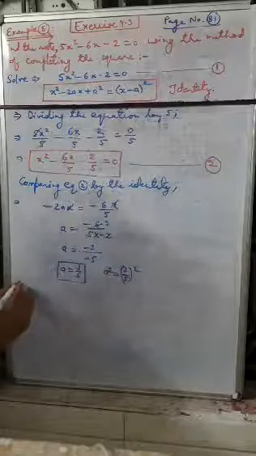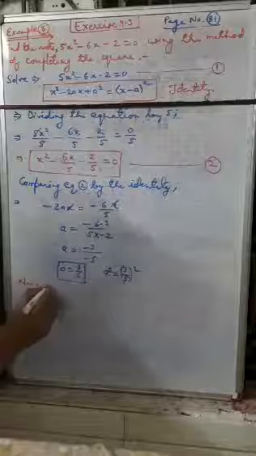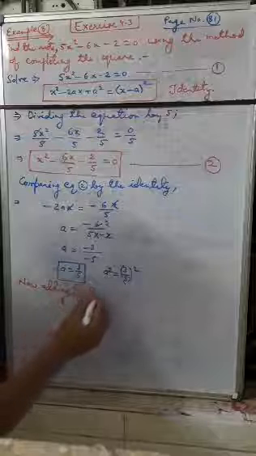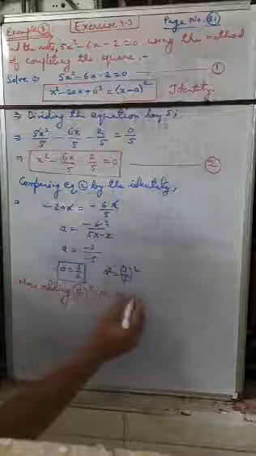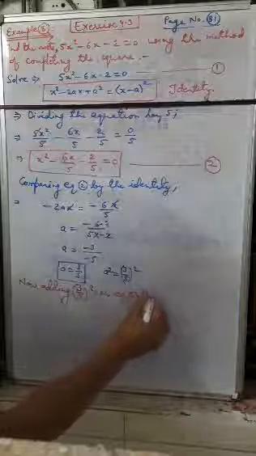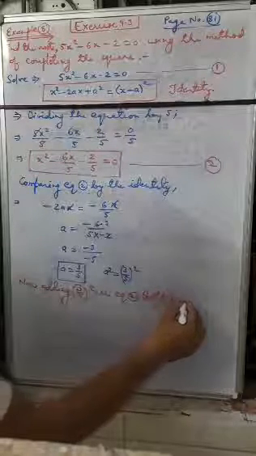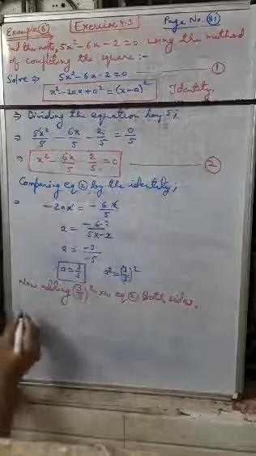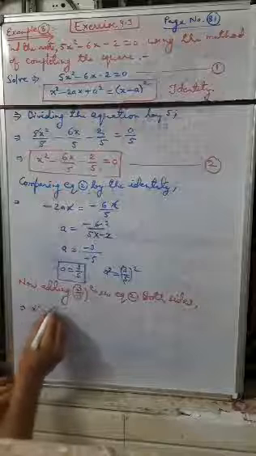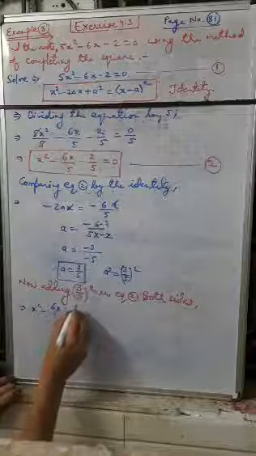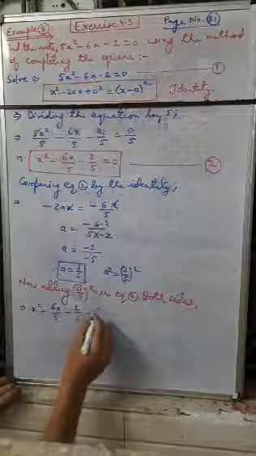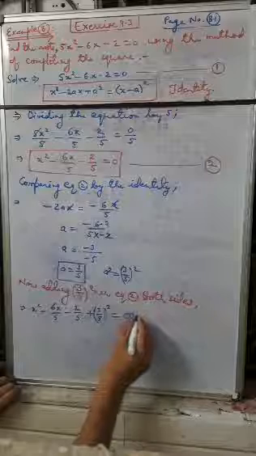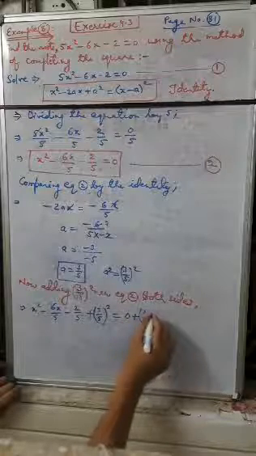Now adding 3 by 5 whole square in equation to both sides. So we are having now x square minus 6x by 5 minus 2 by 5 plus 3 by 5 whole square, and at the right hand side 0 plus 3 by 5 whole square.